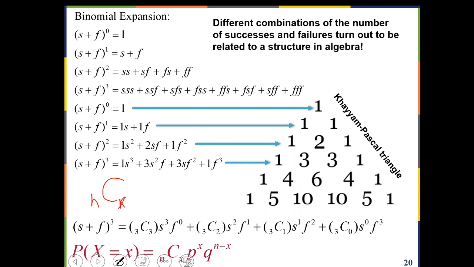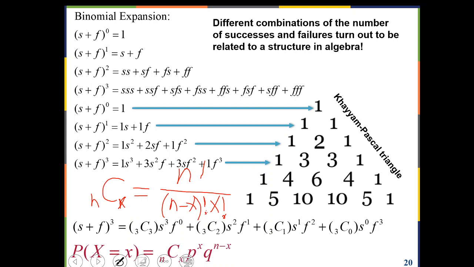Let's call this x instead of r. So the formula for that is, in the numerator n factorial, and in the denominator n minus x factorial, and then multiplied by x factorial. There. That's the formula to find those numbers.